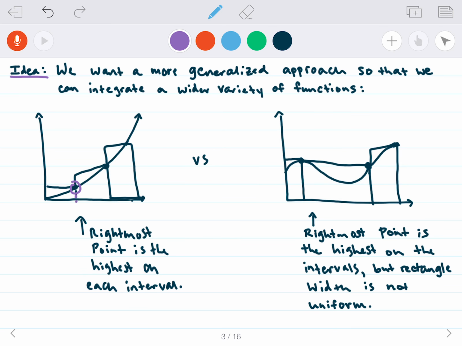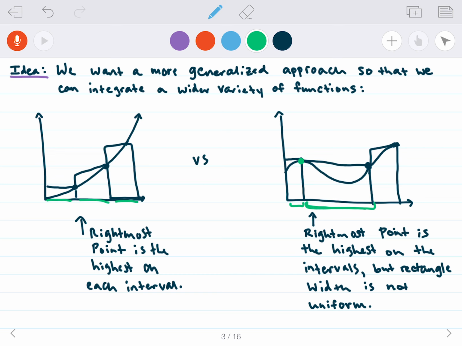But that's not always the case. We don't always have monotone increasing functions. Consider a function like this, where it's going up and down and up again. We can make the rightmost point the highest point. That's fine on the intervals, but notice now that we don't have the same uniform length of each interval like we did in the monotone increasing case. Now the widths of these rectangles vary.